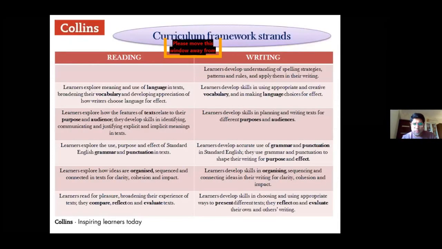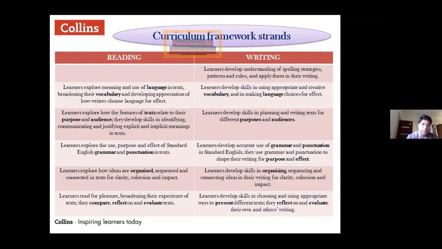These are the curriculum framework strands that someone asked about, that you may use for reading and writing. Learners develop understanding of spelling strategies, patterns and rules, and apply them in their writing. In the reading section, if you observe, we focus on language and vocabulary. I'm not reading through it thoroughly, each and every word, because it will take time. That's why I have put them in bold typeface.